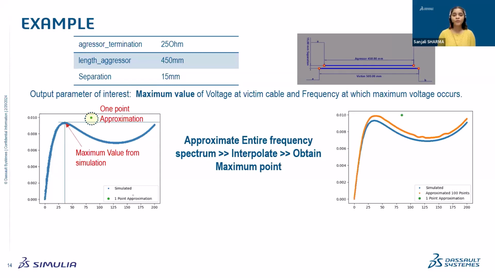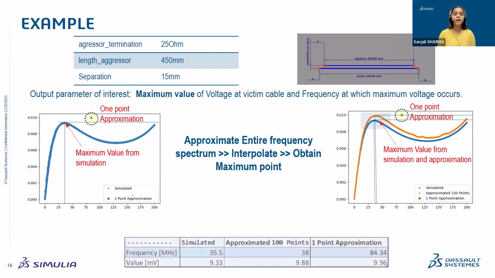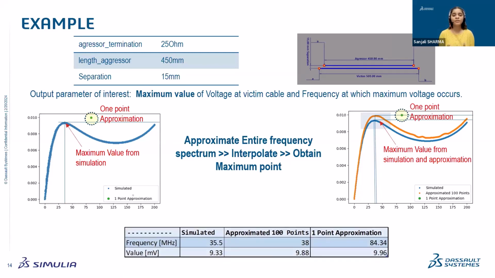Let's see how. Here, the orange curve is the approximated spectrum. When we calculate the maximum value of the voltage and the frequency, we can see the simulation and the approximation results are in very good agreement, whereas this 1 point approximation is still far away. The same can be verified from this table, where we can see the simulated one is at 35.5 megahertz.